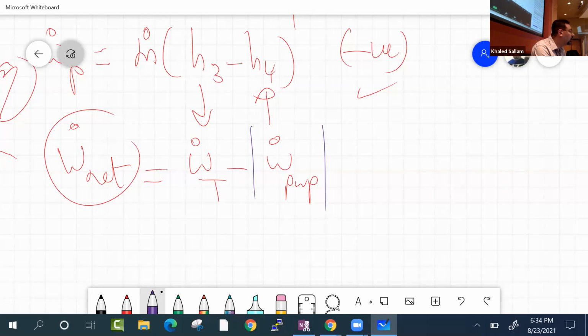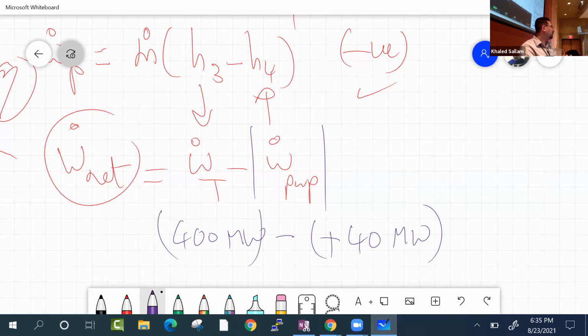If the turbine is giving you like 400 megawatt and work pump is minus 40 megawatt or something, then in this equation you actually have to say not minus 40, you have to say minus plus 40. For the same thing, if you want to say what's the work net, you'd say how much did I get minus how much is being subtracted from me. Because the pump, someone needs to pay for it. Okay? Make sense?